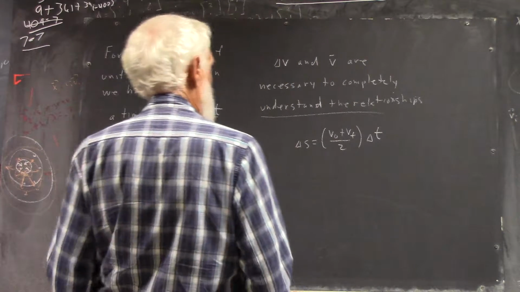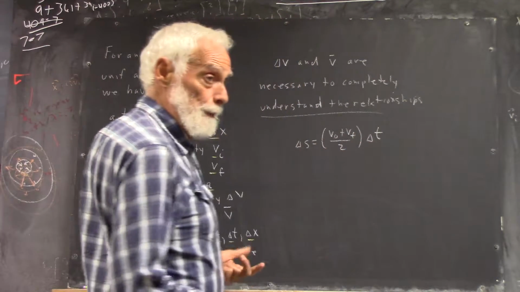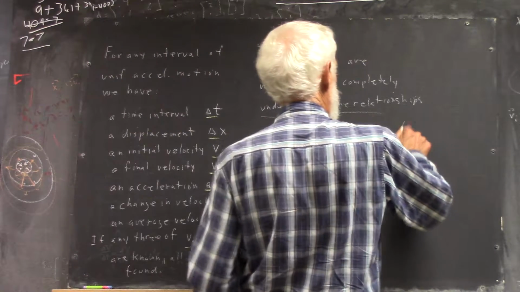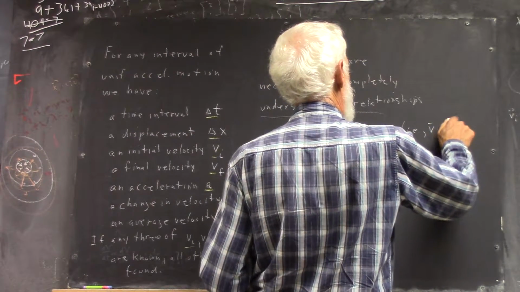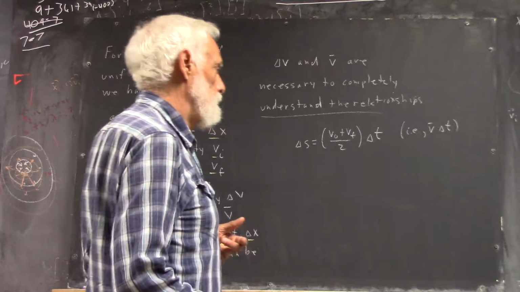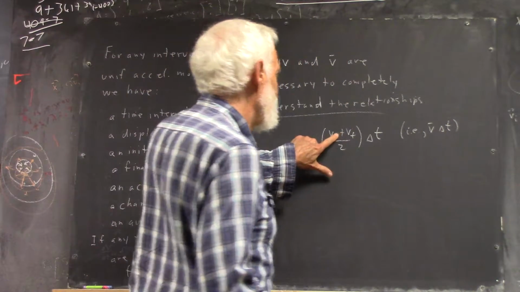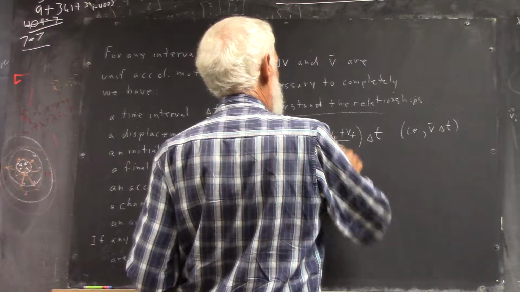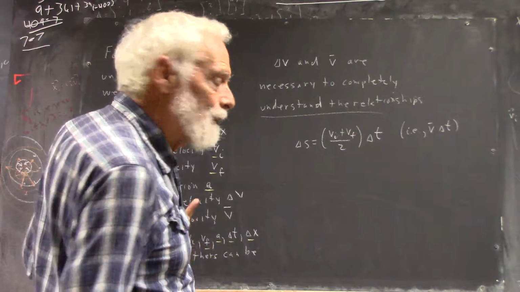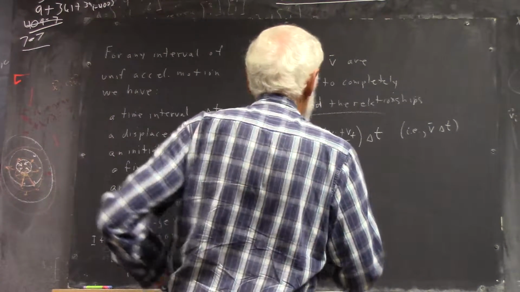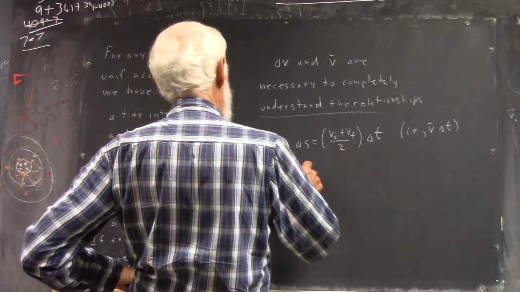Just the average velocity times time interval. Why v sub i instead of v sub 0? I'm used to writing it with the 0, but since I'm using v sub 0 in the other equation sometimes. I think your text uses v sub i.